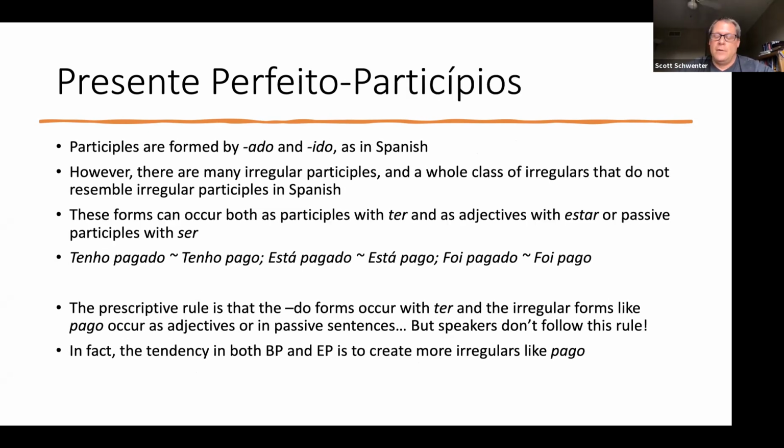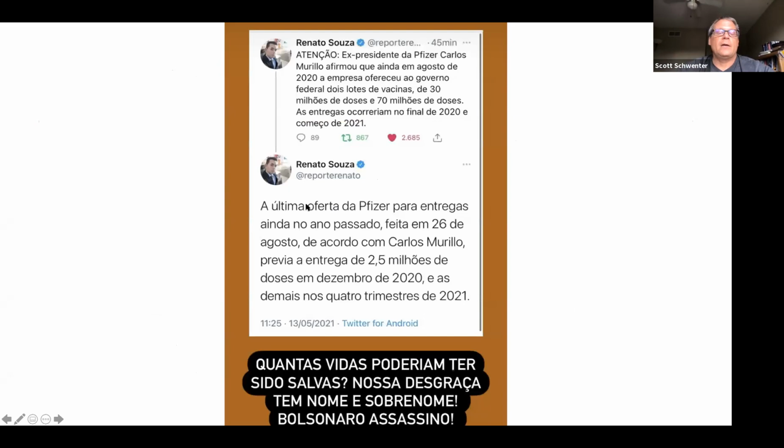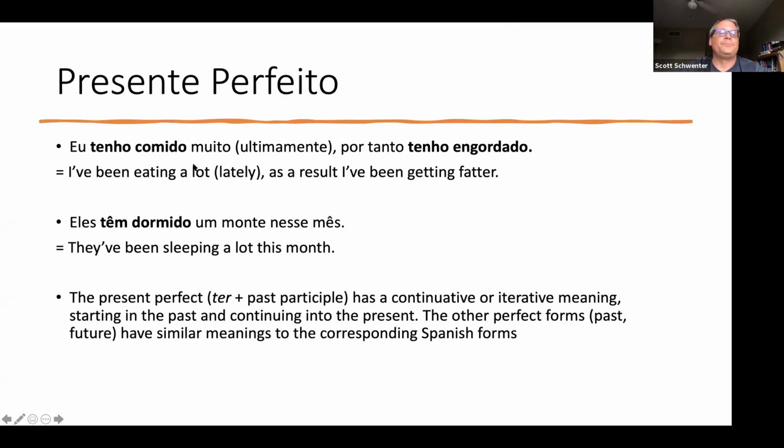Where they say something like, sorry, where they say something like eu tenho comido muito to mean he comido mucho hoy, right? And it cannot have that meaning in Portuguese, right? It has to mean I've been eating a lot.